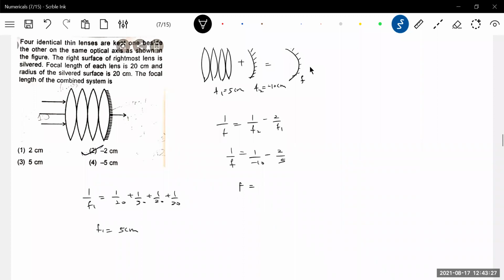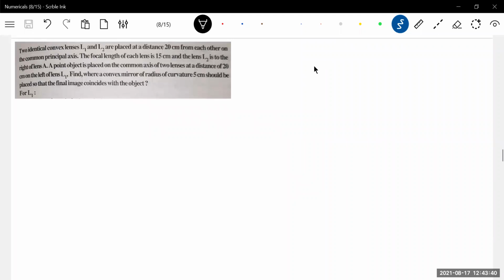Anybody answer? Minus 2 centimeter. I just brought this final object, final image with the position of object now, because spherical mirror and lens, both ideas will be mixed up here.